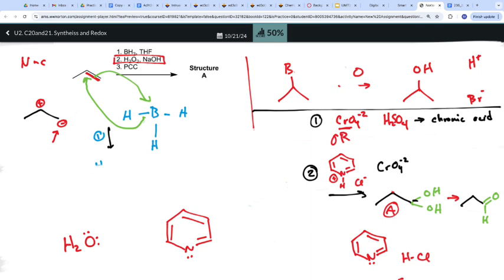What else could it do? Nucleophile, electrophile. Can the nitrogen act as a nucleophile? Yep. Can this nitrogen act as a nucleophile? No, it's too big. It's too bulky. Because it's too bulky, it can't act as a nucleophile. That's what shuts down the chemistry for pyridinium chlorochromate, is the pyridine can't react as a nucleophile.